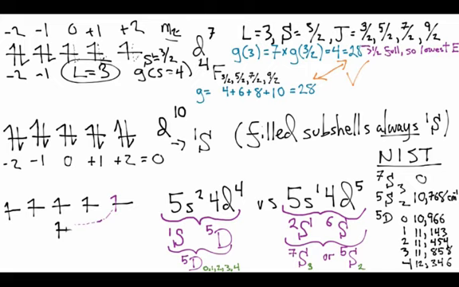So not by much at all, but it does win out. So even there where it doesn't get that extra boost from the extra spatial antisymmetry, it still is the number 2, the first excited state of molybdenum.